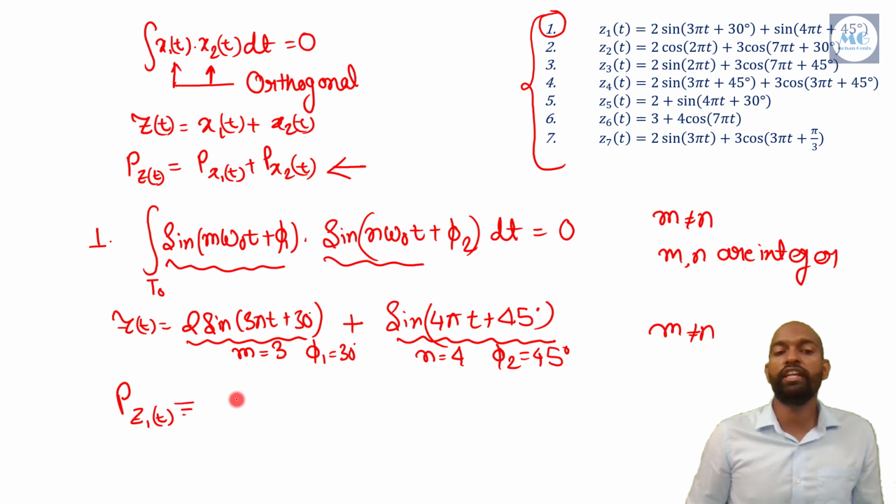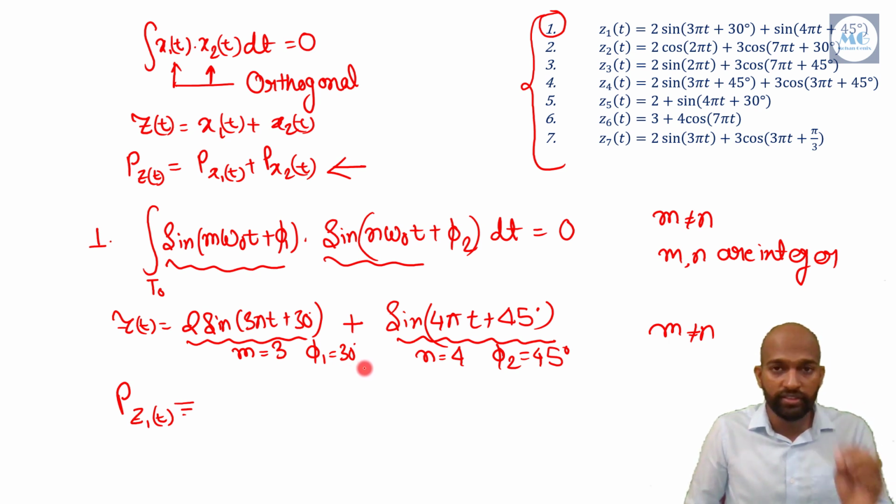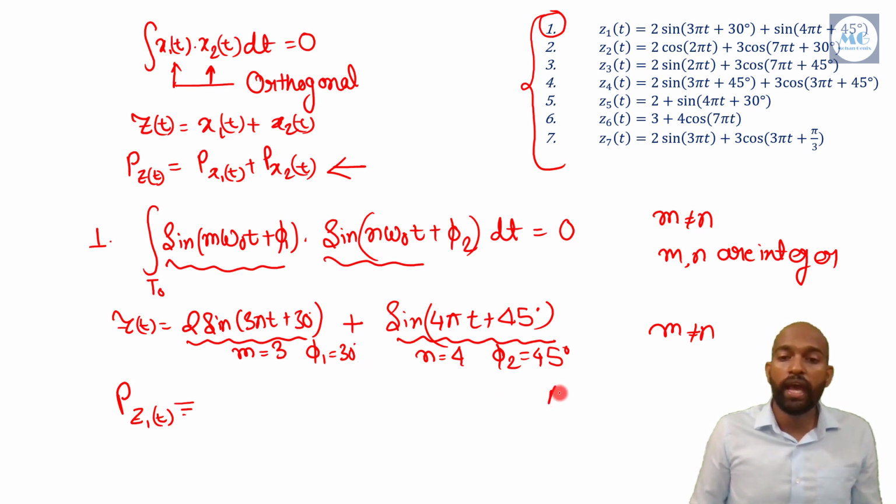The power of z1(t) will be the power of 2 sin(3 pi t plus 30 degrees) plus the power of this function. And from our previous lecture, we already know that the power of any sinusoidal function is its peak amplitude squared by 2.